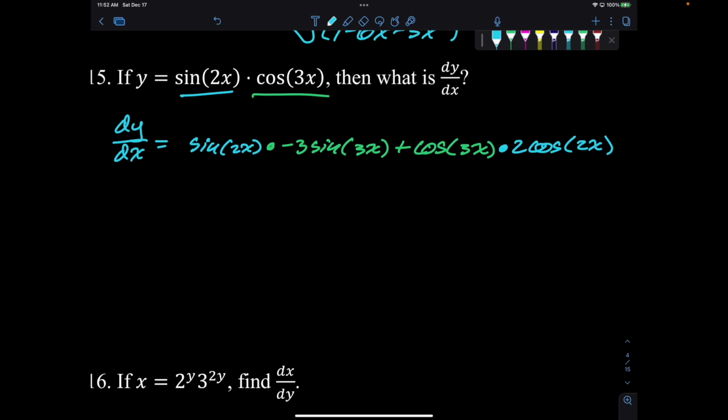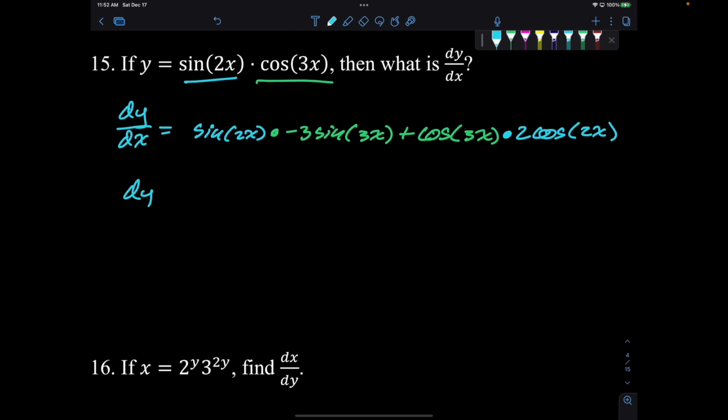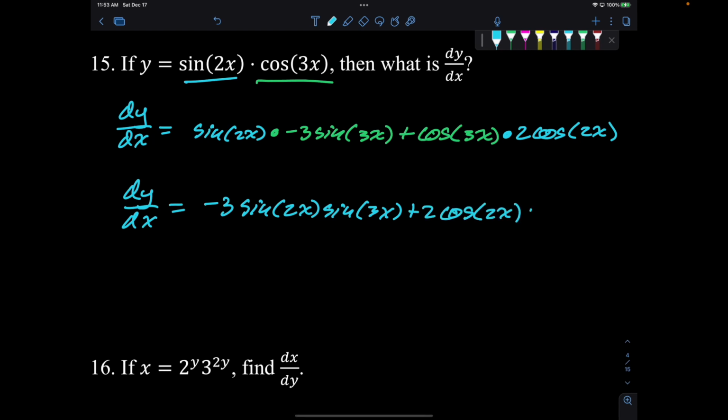So I think we should just write our answer in a better way. dy/dx equals negative 3 sine 2x sine 3x, plus 2 cosine 2x cosine 3x. I don't think the order matters. I just decided to put them in the same order.